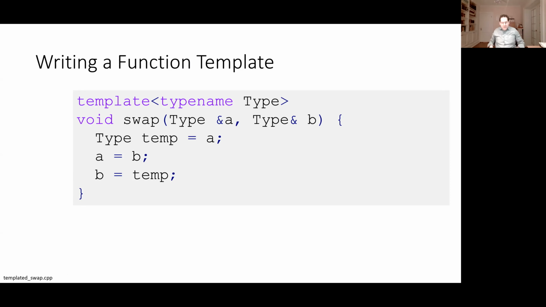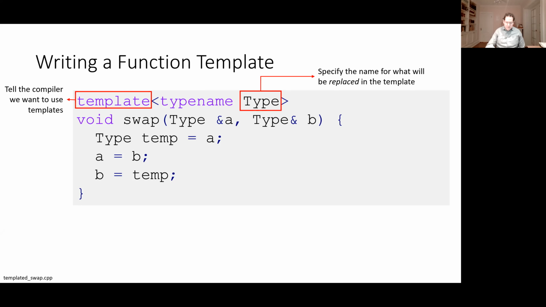Okay, so how do we write a function template? So there are a few pieces. The first thing is we have to tell the compiler that we're about to write some templated code that works for multiple types. And we do that with what's called a template prefix. That's what this whole thing is. So it's this funny looking line. It says template.